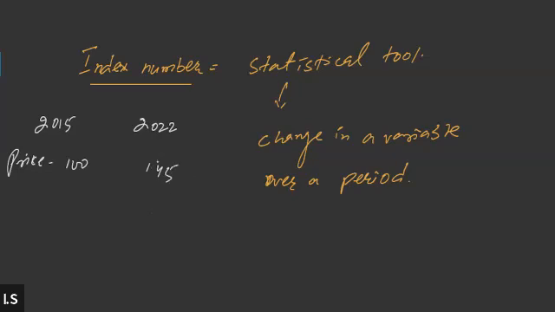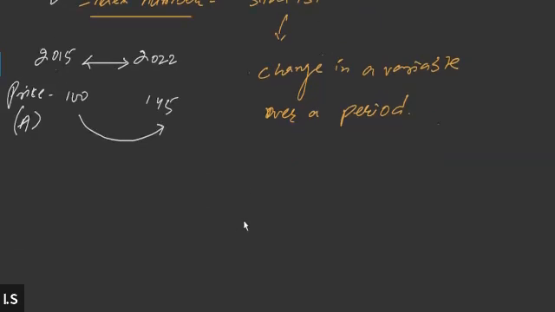So I wanted to know how much the price of the commodity has changed during the 7-year period. To find out the change that has occurred in the price of commodity A, we can use the method which is called index number.